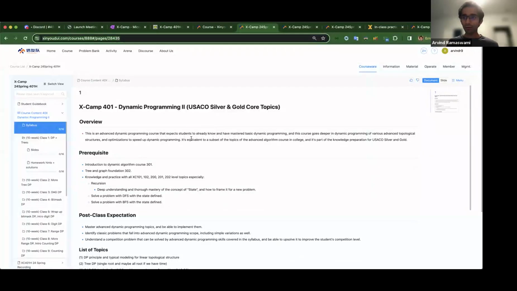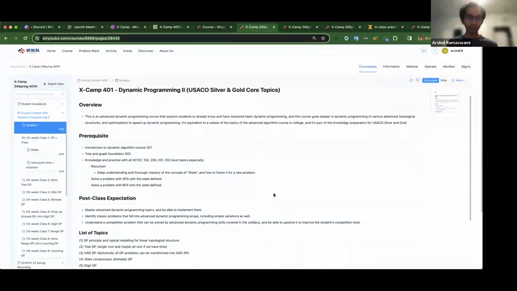401 is one of the classes meant as foundations for topics related to USACO Silver and Gold. This is a dynamic programming course. It expects that you already know some basic dynamic programming, and it goes deeper into some concepts.